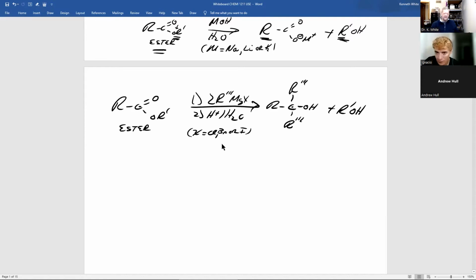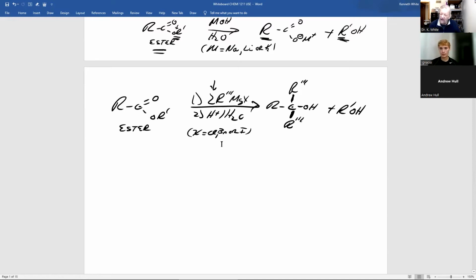And here's the reaction. If you take an ester and react it with 2 molecules of a Grignard reagent, remember X can be chlorine, bromine, or iodine, you get 2 products. Now, the first one is where you make not 1, but 2 carbon-carbon single bonds, something very special, very rare. And you get an alcohol.